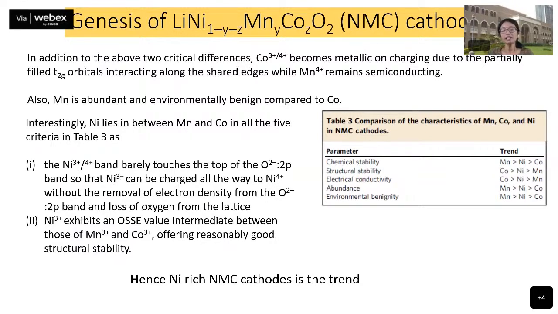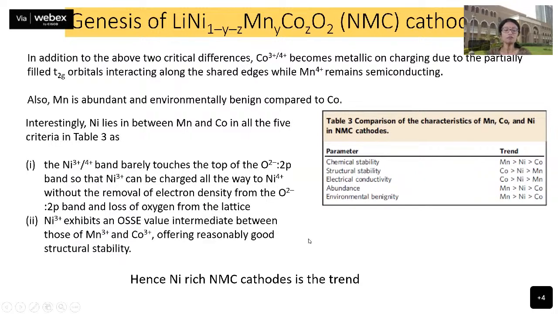So Mn is abundant and environmentally benign, as I've already explained. And nickel, if you see the comparison of the characteristics, whether chemical stability, structural stability, electrical conductivity, abundance, or environmental benignity, if you consider all the factors, nickel lies in between manganese and cobalt.